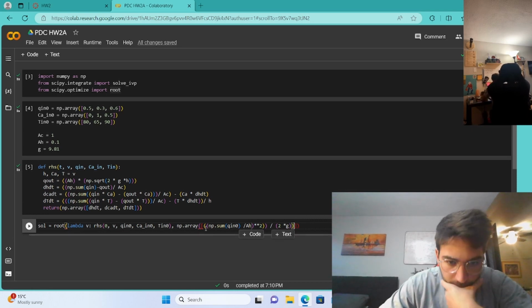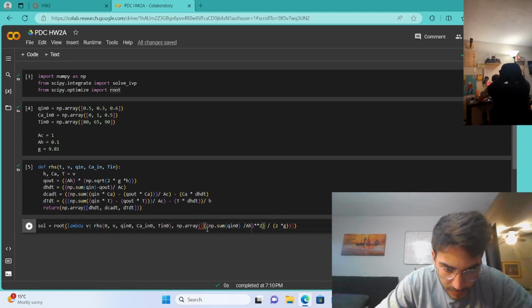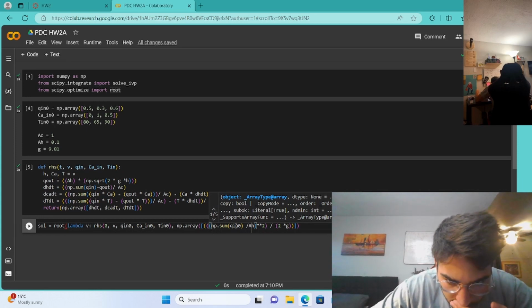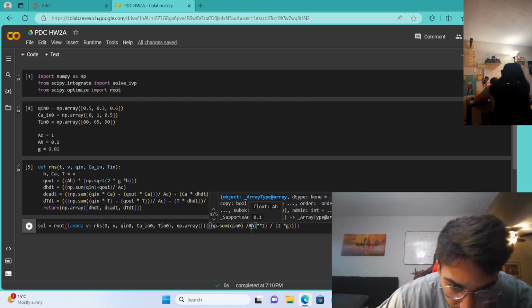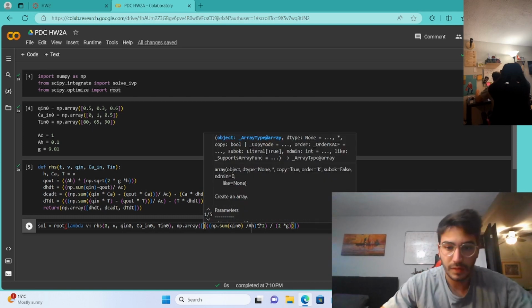Okay, I have one too many. So I need an extra one here then, I think. So I have NP sum that divided by AH not, squared. That whole thing is divided by 2g.